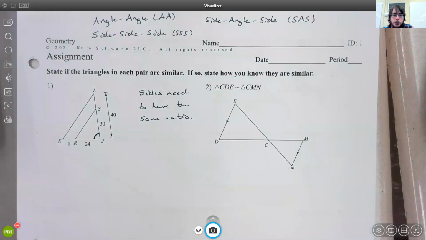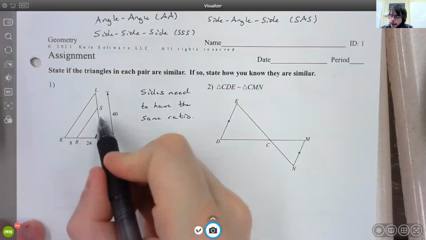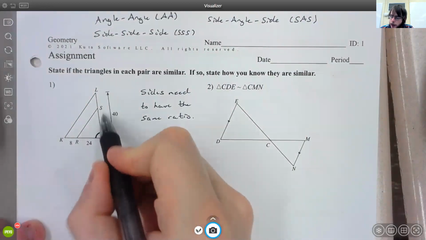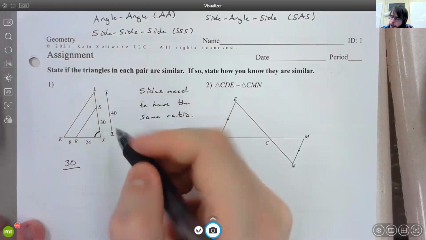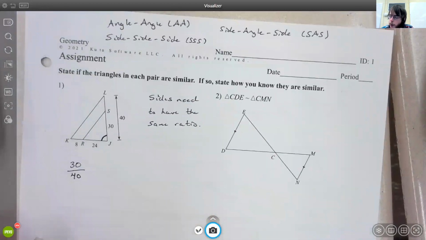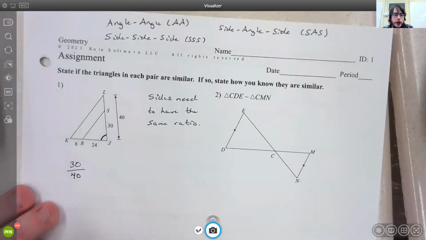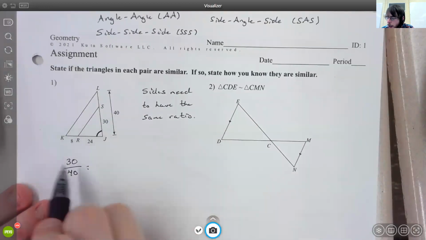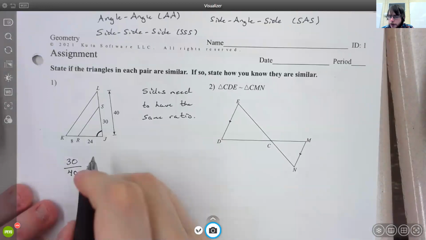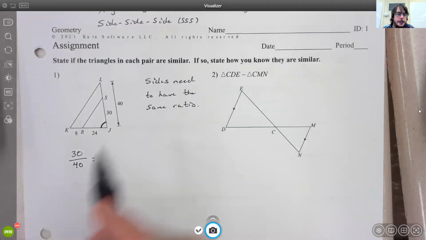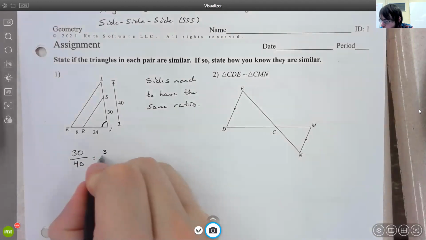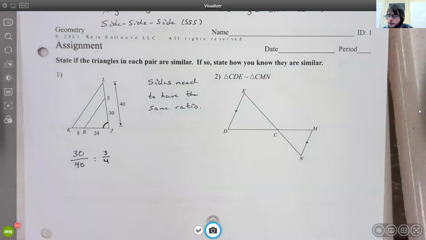We're going to start with our small triangle first, and I'm going to pick side SJ. In our small triangle it is 30, and our large one corresponding is 40. So we do 30 over 40, which simplifies to 3 over 4.